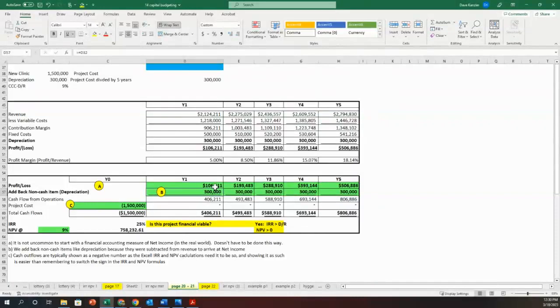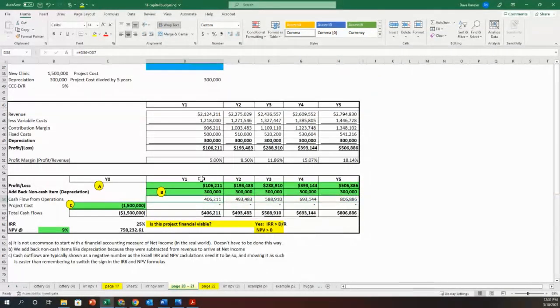So we add it back and we get our true cash flow in year one, because we didn't actually shell out $300,000 a year for 5 years. So we take the 106, we add back the depreciation. These are our actual cash flows, cash coming in on an annual basis from doing the project.